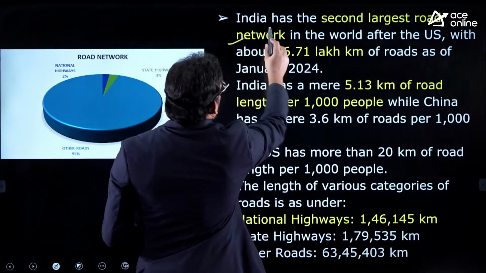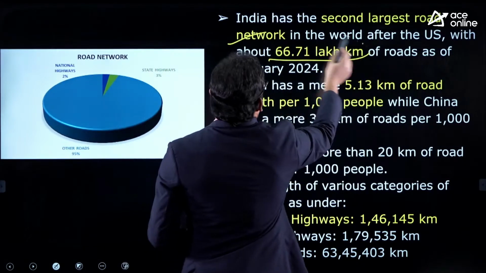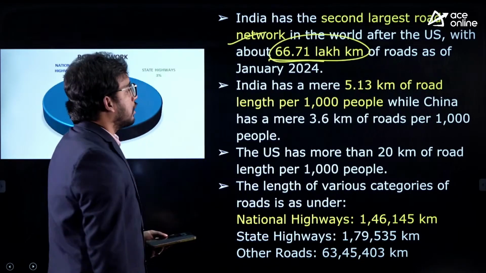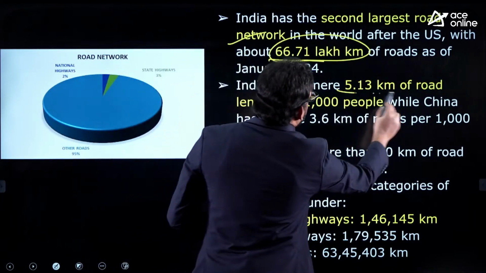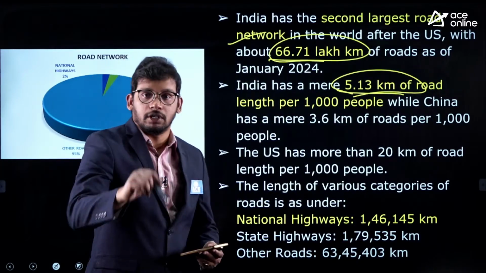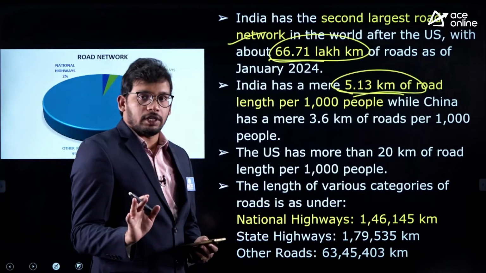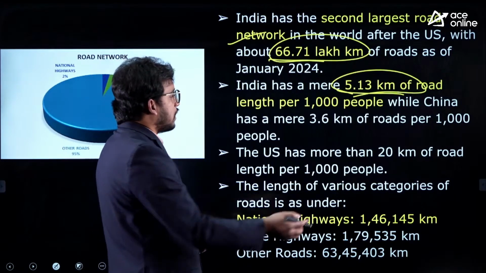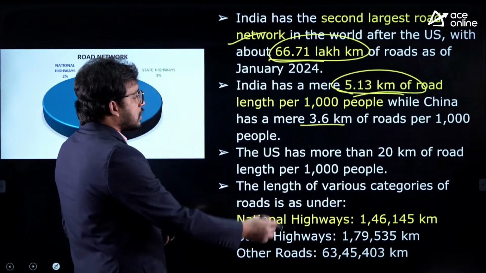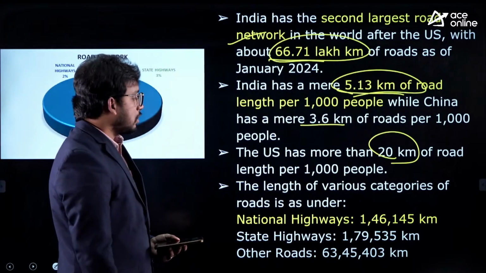India has the second largest road network after USA, and as of January 2024 we have 66.71 lakh kilometers of road length. India has merely 5.13 kilometers of road length per thousand people, which is very little. China has 3.6, and USA has 20 kilometers of road per 1000 people, which is a good number.